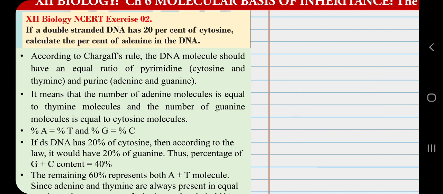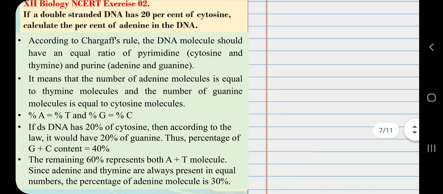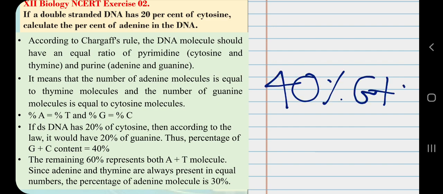Now if G plus C is 40%, then what will A plus T be?